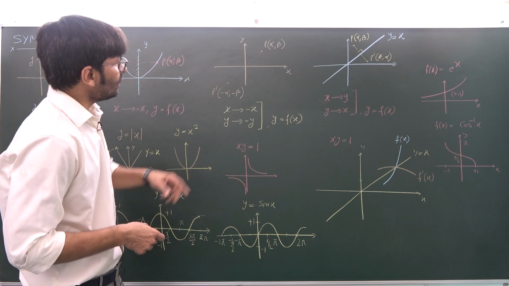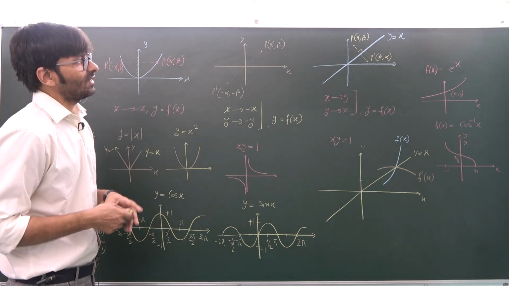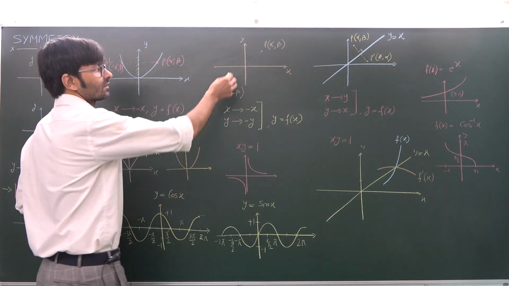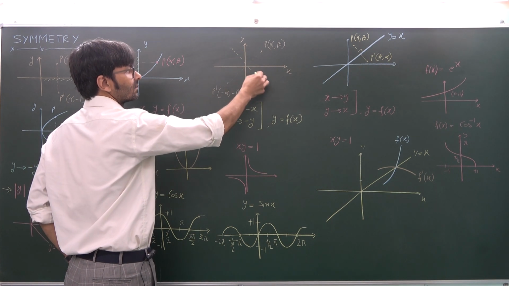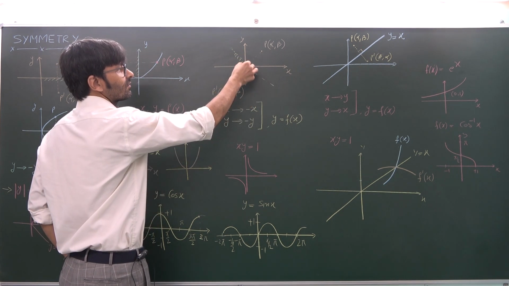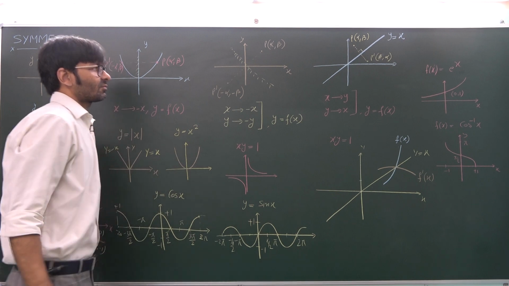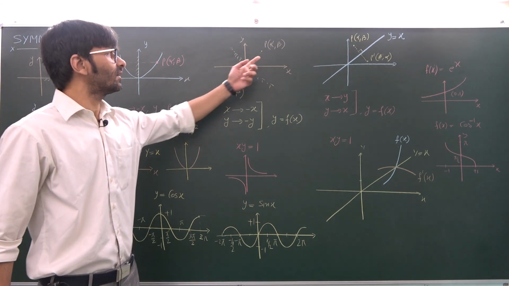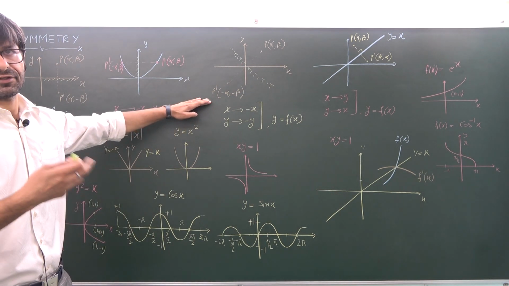Okay, now the third case: there is a point P alpha comma beta, and suppose this line y equals minus x is our mirror. In this particular case, P and P dash are a reflection of each other.